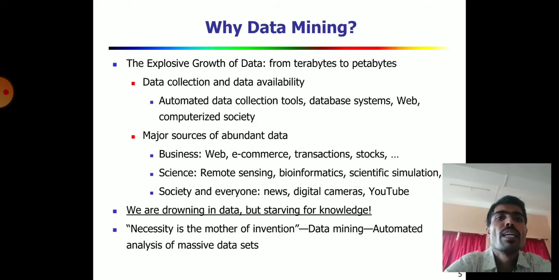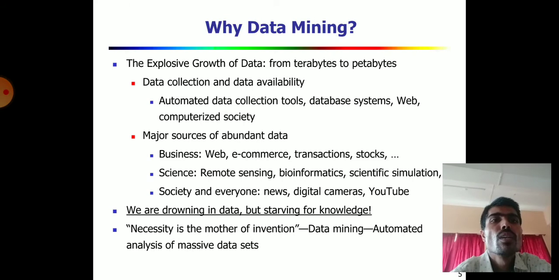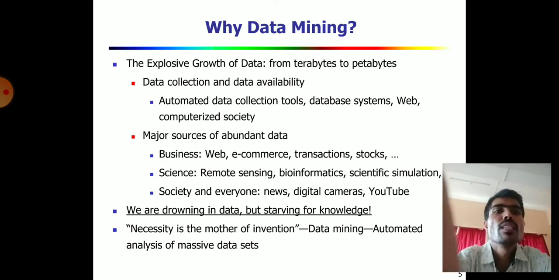So why data mining? As we know, day by day there is explosive growth of data, and we have to handle it from megabytes to petabytes. That data collection and data availability is with respect to different tools: automated data collection tools, database systems, the web, a computerized society.